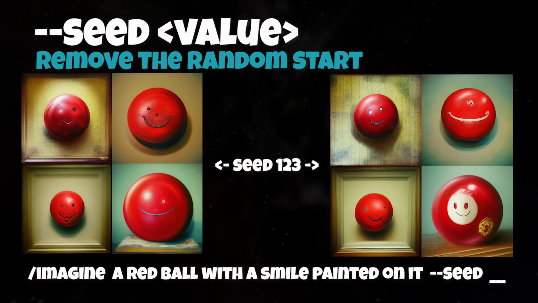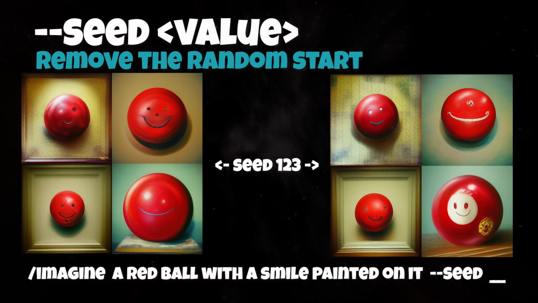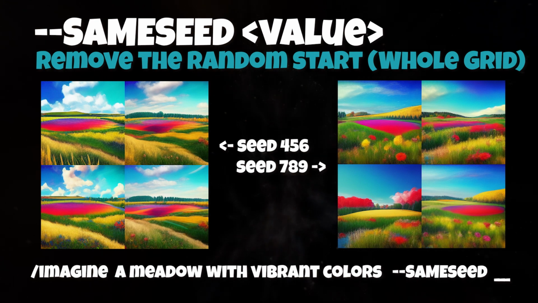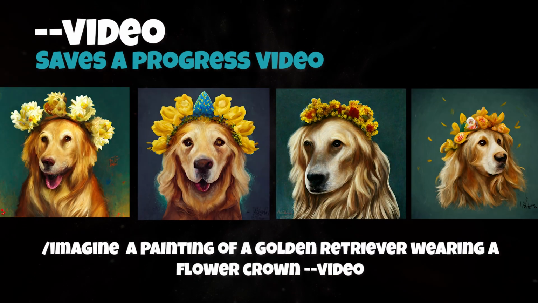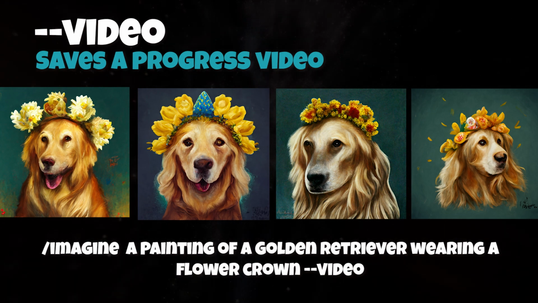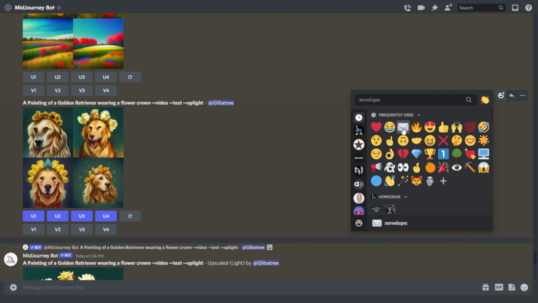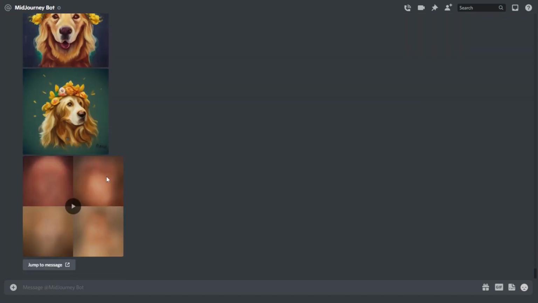Seed lets you normalize the seeds so you can get a better idea of the effect of changing your prompt. Same seed lets you pick a seed for all 4 of the images in the grid, so they all look pretty similar. Video saves a progress video to the MidJourney servers that, if you react with an email icon, will DM you a link to the MP4 that shows your image being generated. It looks like this.